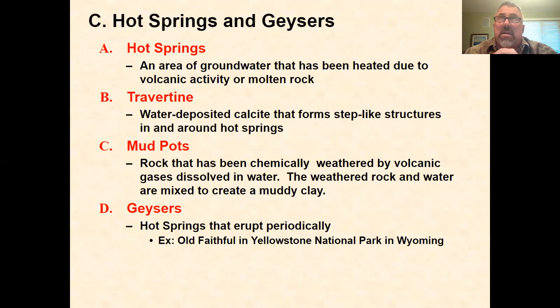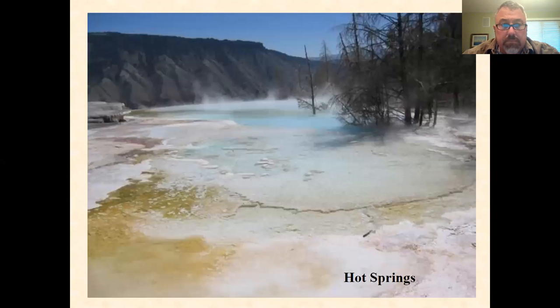And as the pressure builds up, it causes the water to flash to steam at some point. And when it does, it pushes the water up in the air. Very famous Old Faithful in Yellowstone National Park. There's geysers all over the world.